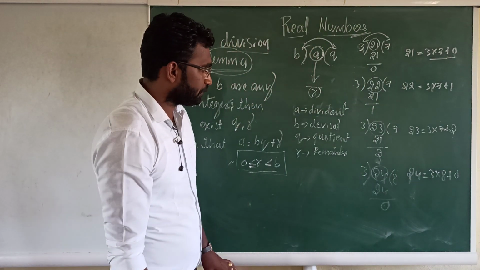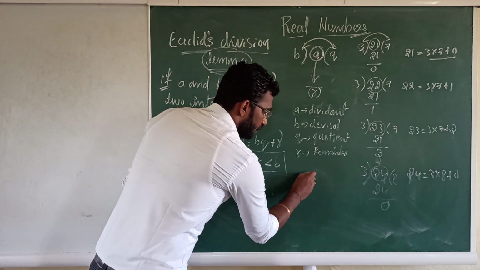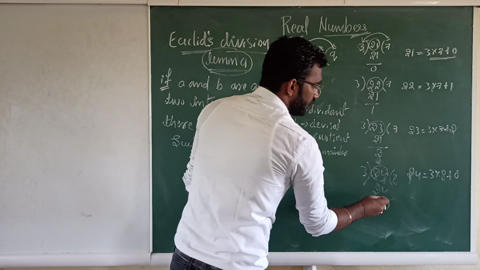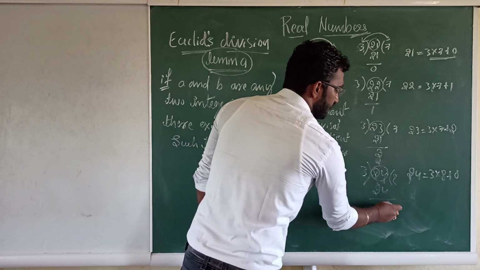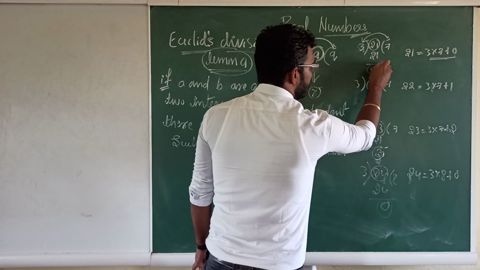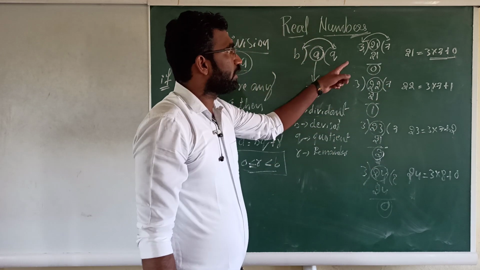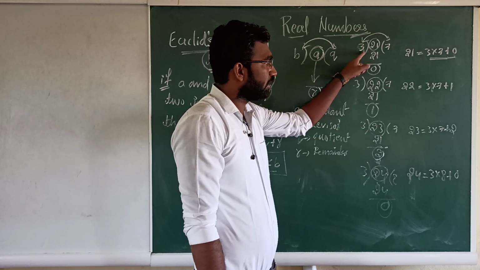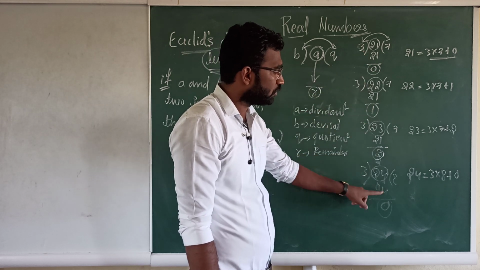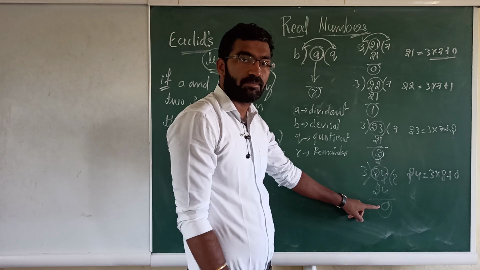Just see here, a is equal to, here I will always consider this as the remainder, this is the remainder, this is the remainder. Here you are dividing by 3, right? Remainder starts from where? 0, 1, 2, and 3 will not come, right?